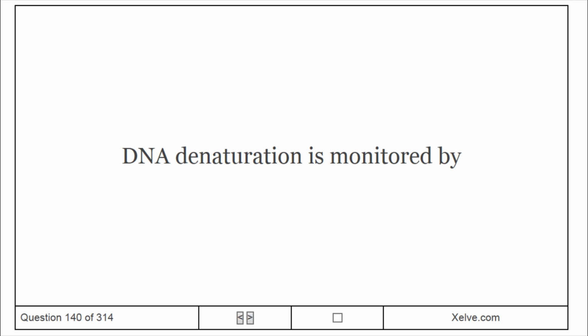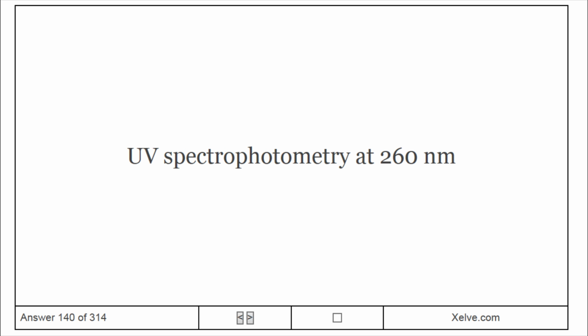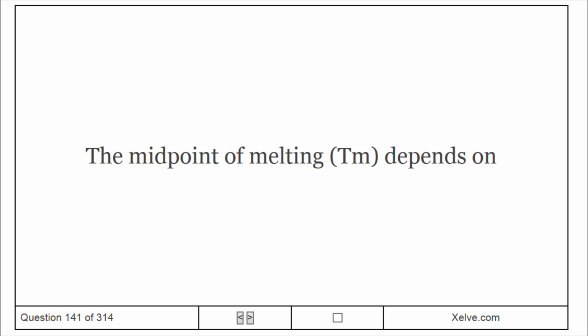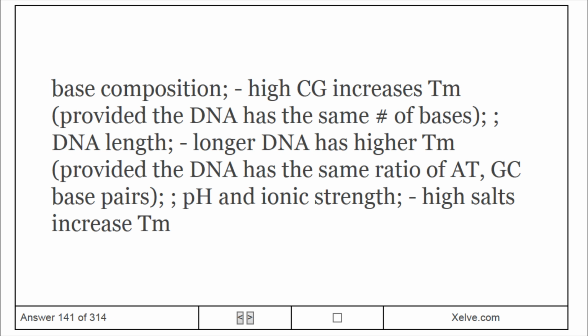DNA denaturation is monitored by UV spectrophotometry at 260 nm. The midpoint of melting depends on base composition: high GC increases Tm. DNA length: longer DNA has higher Tm. Also pH and ionic strength: high salt increases Tm.